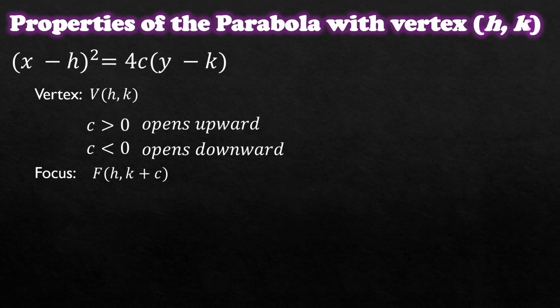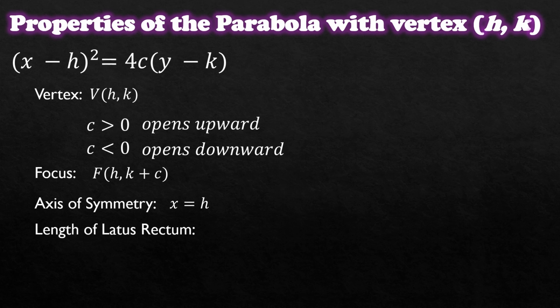The focus will have the coordinates (h, k plus c). The axis of symmetry will be the line x is equal to h. The length of latus rectum will be the absolute value of 4c.